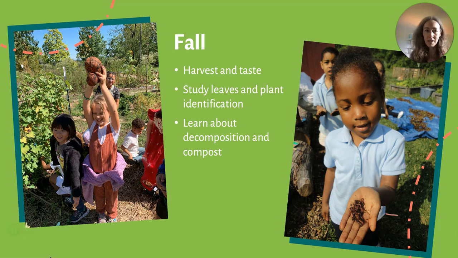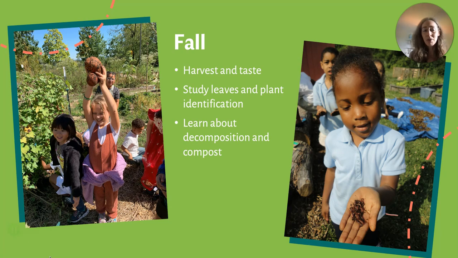Students really enjoy eating what they have grown in the garden. Fall is when our leaves are changing colors and dropping from the trees, so you can study leaves pretty well in the fall, identify trees based on their leaves, doing leaf rubbings. Those are all great activities.